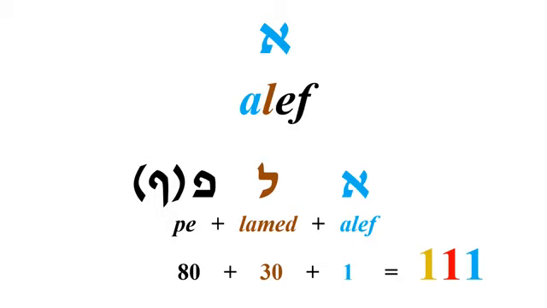Okay. By the way, here's the gematria for Aleph. The Aleph is 1, the Lamed is 30, the Pei is 80. Notice the letter Pei, this is one of those with the final forms. So in this one, you use the one in the parentheses.